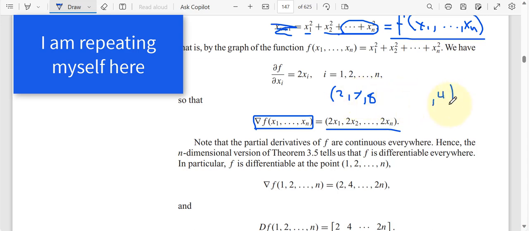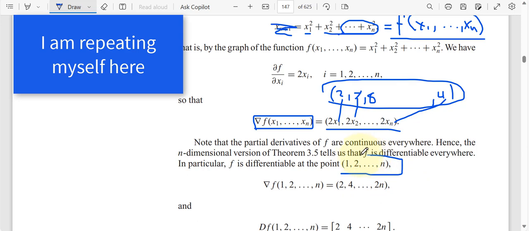What is the gradient at this point? Because the gradient looks like this. We can ask, what is it when we put 2 into x1, 7 into x2, 8 into the next one, and 4 into the last one? So let's evaluate the gradient at this particular point. In this example, they evaluate this gradient at this point. You just put these values in here and you get something out.